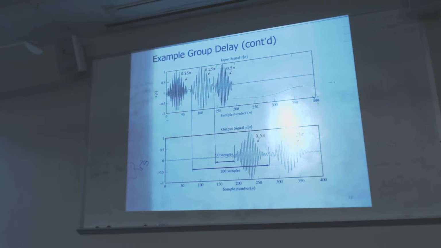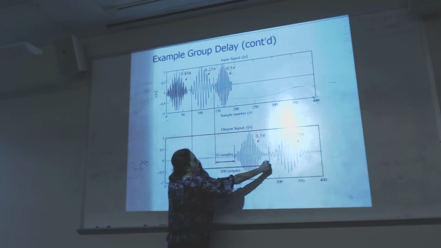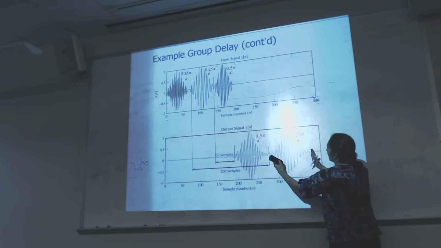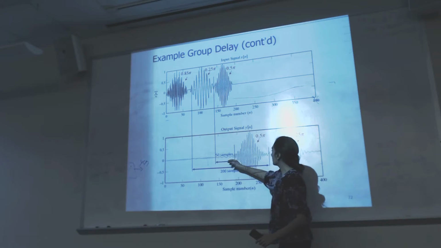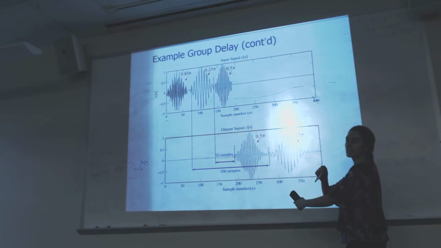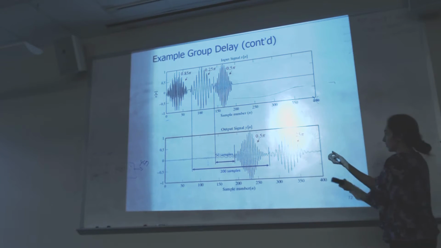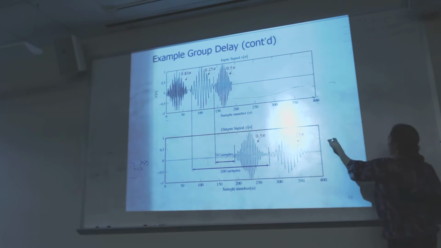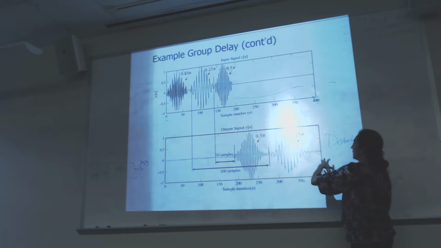So that's why it happens. For this one, I shifted 200 seconds. For that one, I only shifted 50. So that's how they even change their order. And you see a very good example of a distortion. I lost a part of my signal, and even the order of my signal had changed.